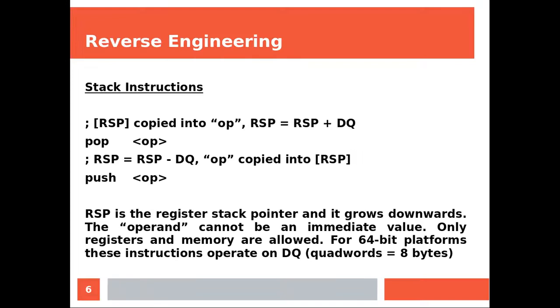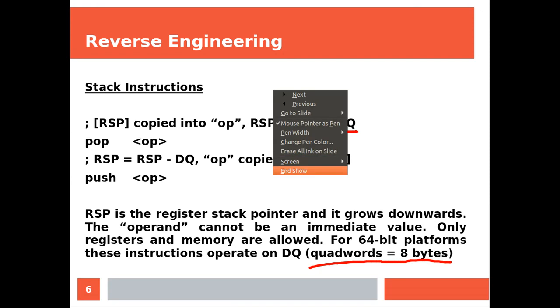And those are the instructions you can use to add or remove elements. Now, this is the pointer at the stack and it grows downwards, which means that every time you are popping elements out of the stack, you're going to increase your pointer by a quad word, which is 8 bytes, so that your pointer is going to be pointing at the next element.